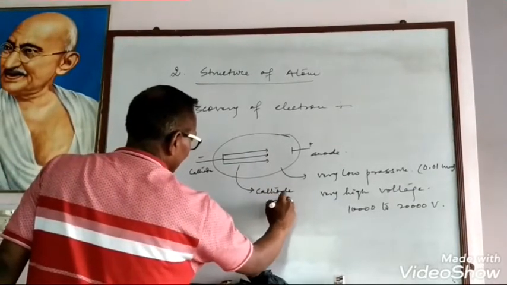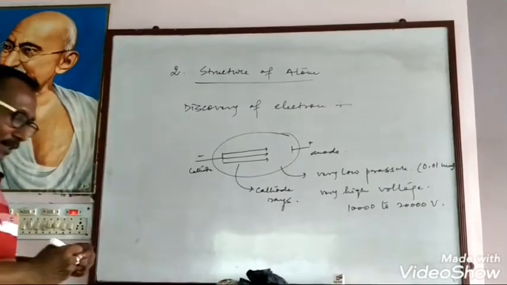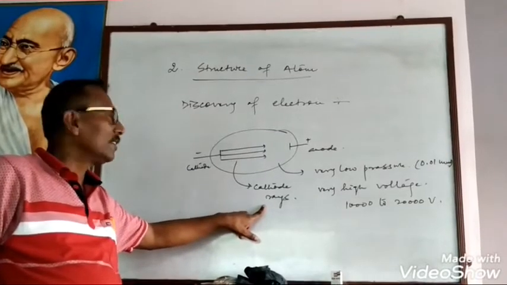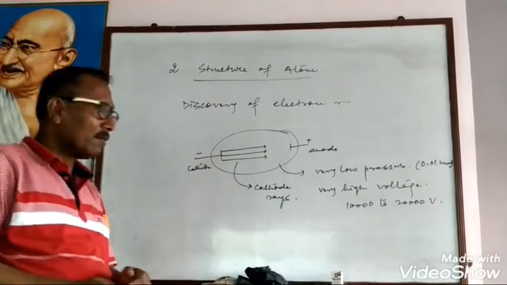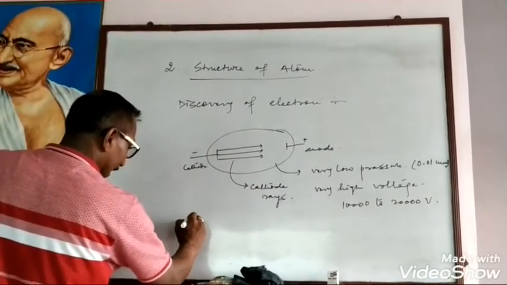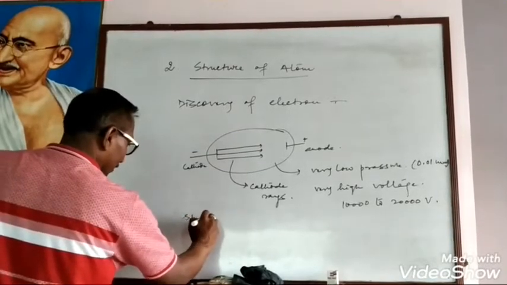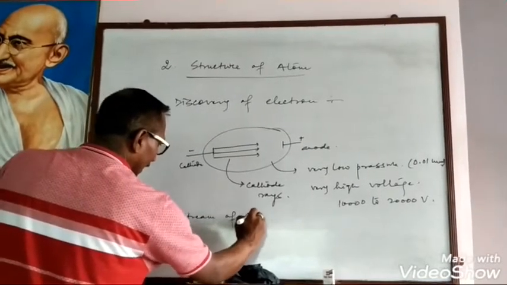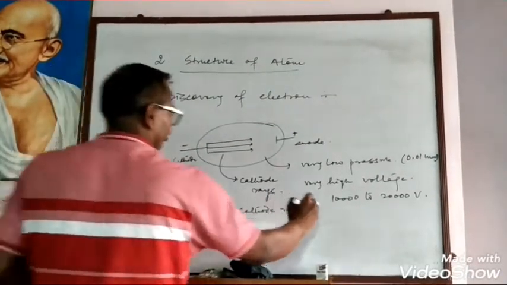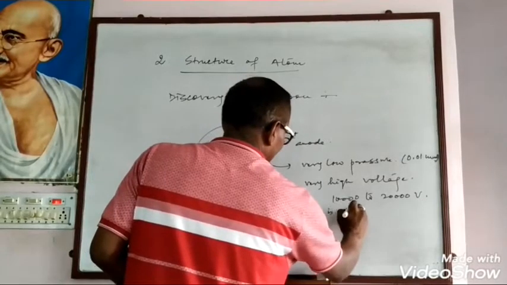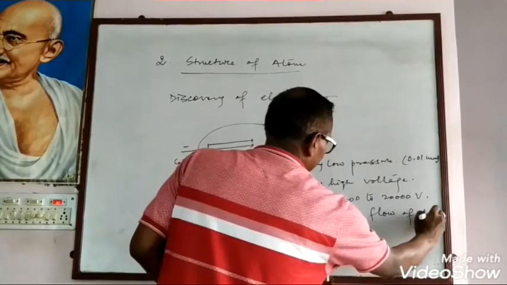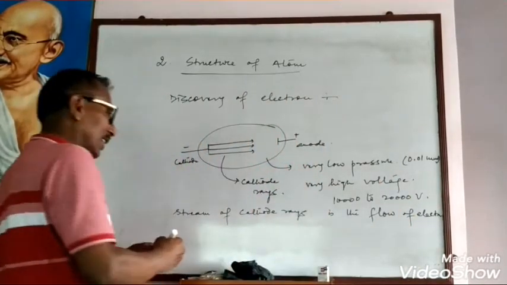Now, with the help of their properties, we confirm that the stream of cathode rays is the flow of electron.